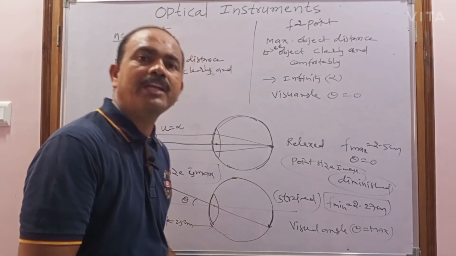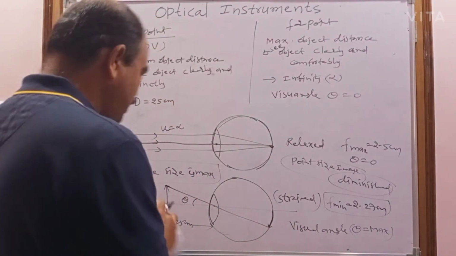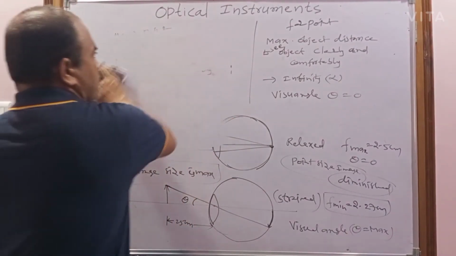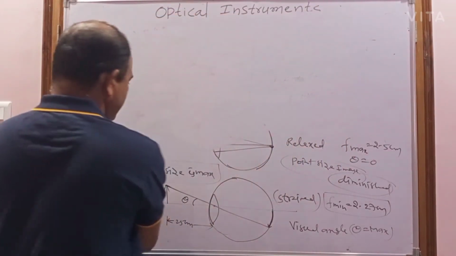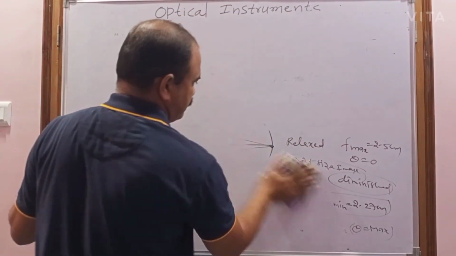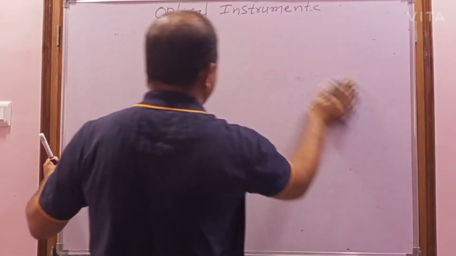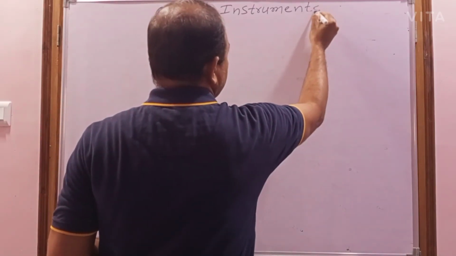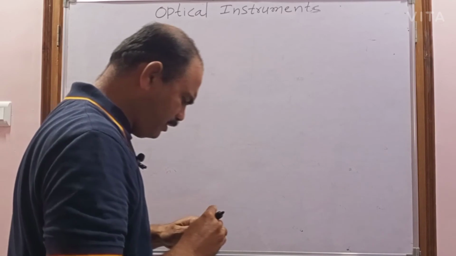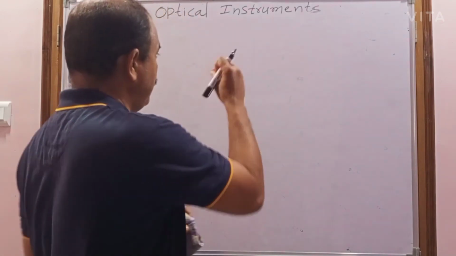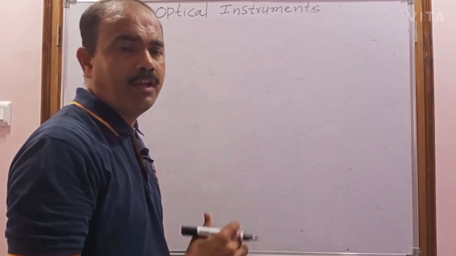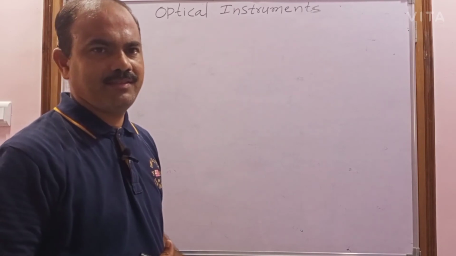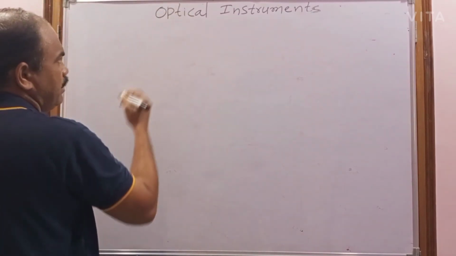Next, we come to magnification, which may be called magnifying power or angular magnification. With the help of this optical instrument, what is the main aim? The main aim is to increase the visual angle, and thereby increase the size.